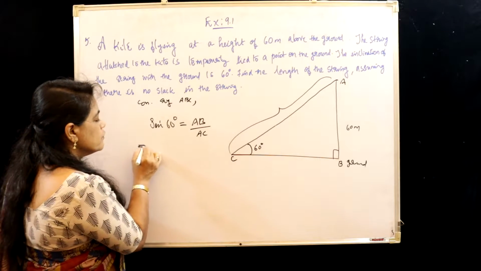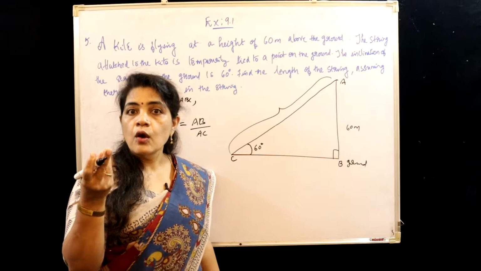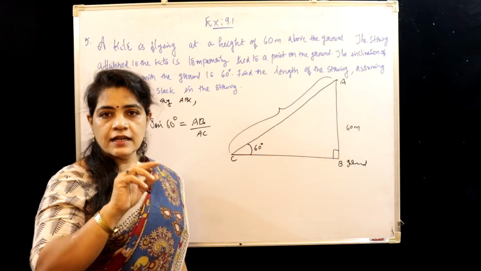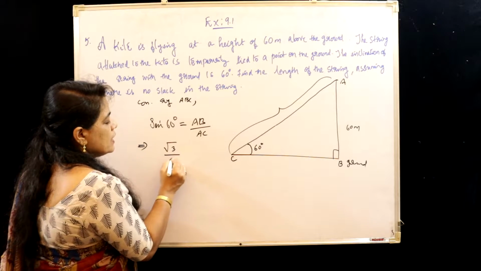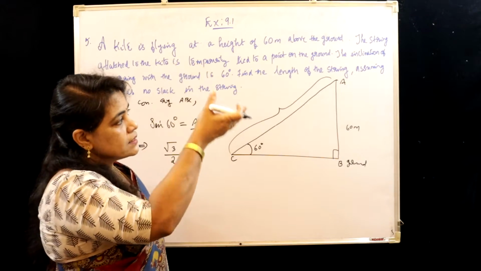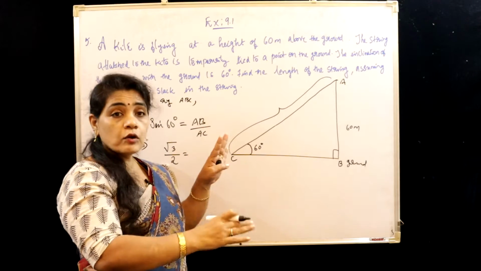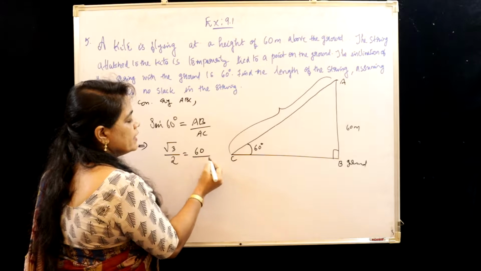Now we can substitute for sine 60. What is the value of sine 60? In the table, the first row is 0, 1 by 2, 1 by root 2, root 3 by 2, 1. So for sine 60, that is root 3 by 2. Root 3 by 2 equals AB, the height of the kite above the ground, that is 60 meters, divided by AC.